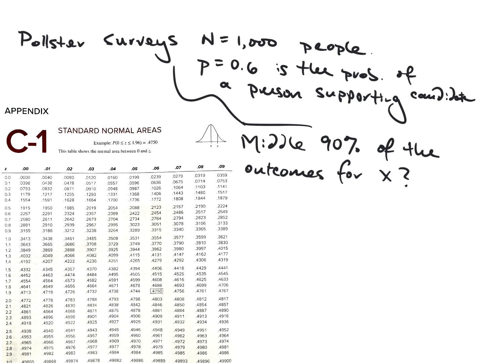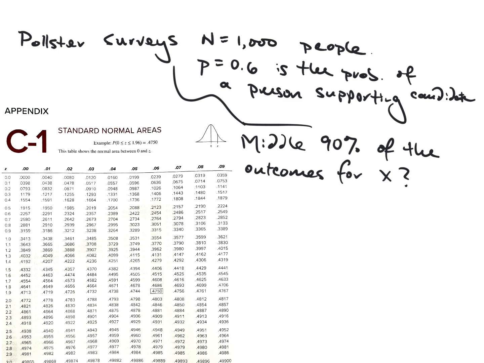Basically, this is like finding a range of what's likely to happen for X, because you recognize that if 60% of the population favored the candidate and you survey 1,000 people, you would expect how many of them to favor the candidate? On average, it'll be 60% of 1,000, right? 600.